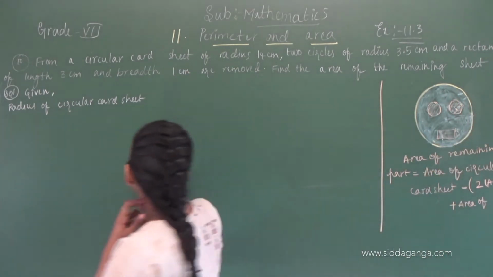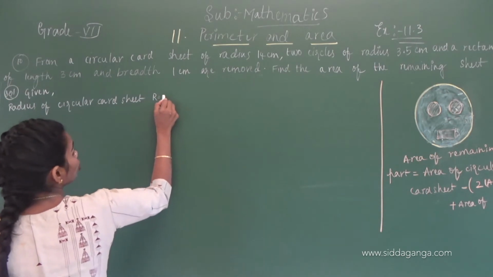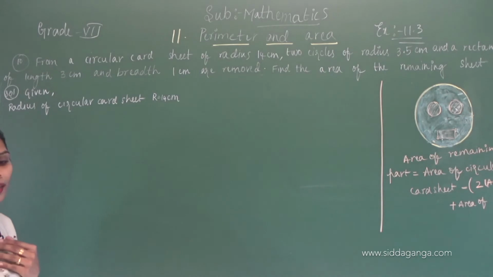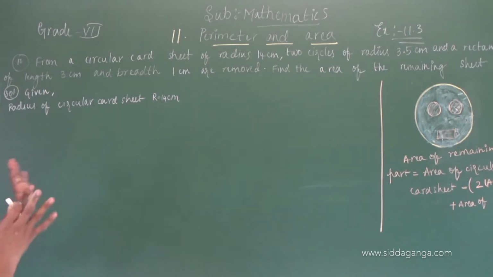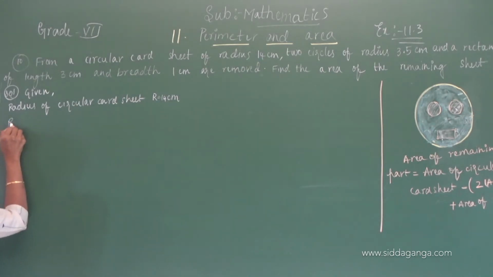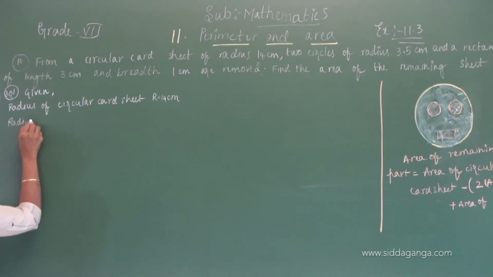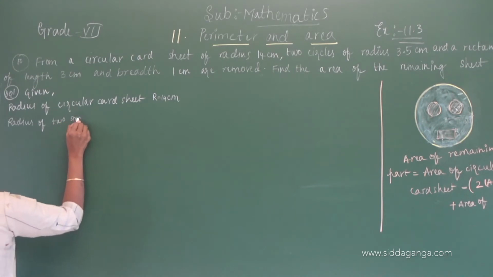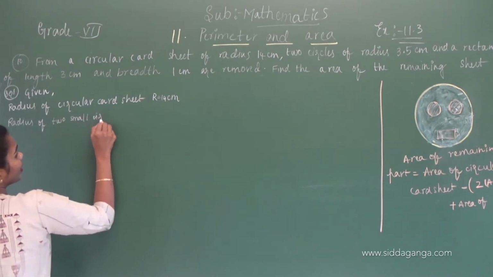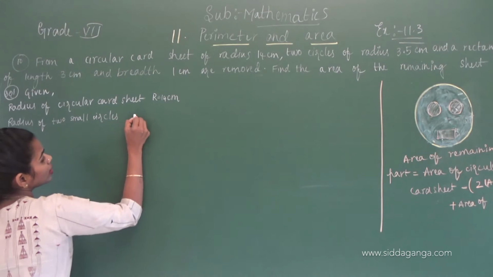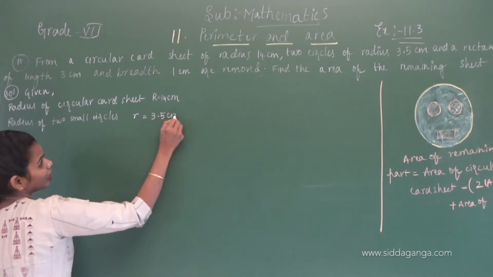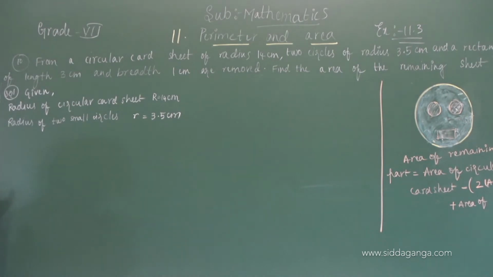Okay children, R equals 14 centimeters. Whatever is given, I am writing first. The radius of the two small circles is r equals 3.5 centimeters, and they have also given the length and breadth of a rectangle.